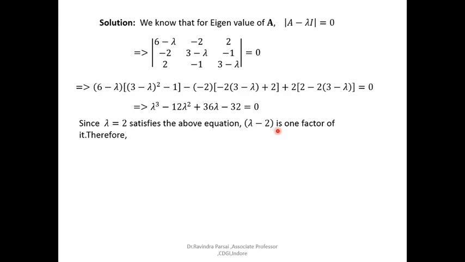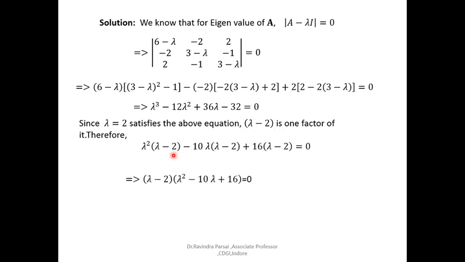Hence you will find the other factors as follows: write lambda minus 2 and divide by synthetic division. First you choose the multipliers in such a way that you get the first term, so you select the multiplier lambda squared. When you select lambda squared for the first factor, you get the term minus 2 lambda squared. You require minus 12 lambda squared, so your requirement is of minus 10 lambda squared.